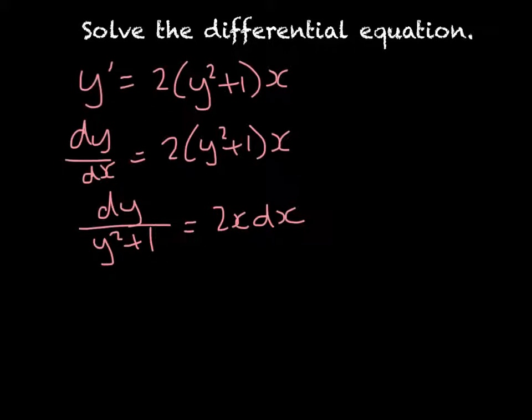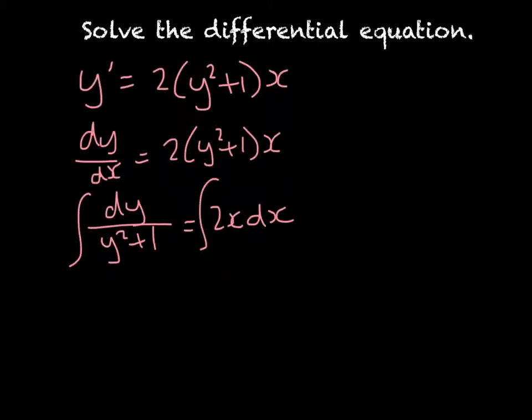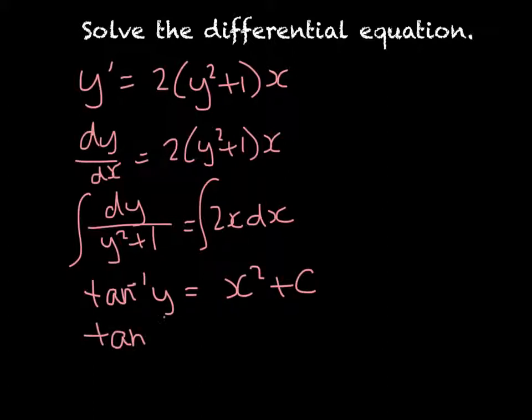So now when we integrate both sides, we end up with the inverse tangent of y equals x squared plus c. And so then y equals the tangent of x squared plus c.